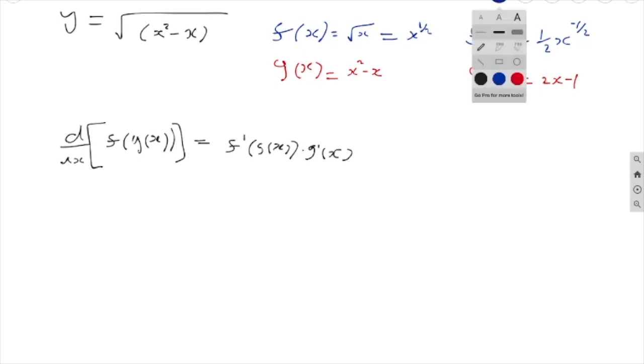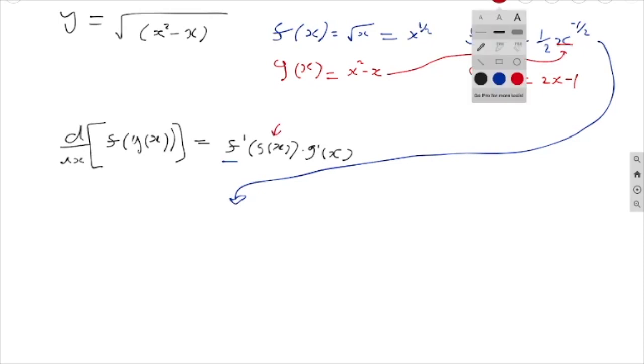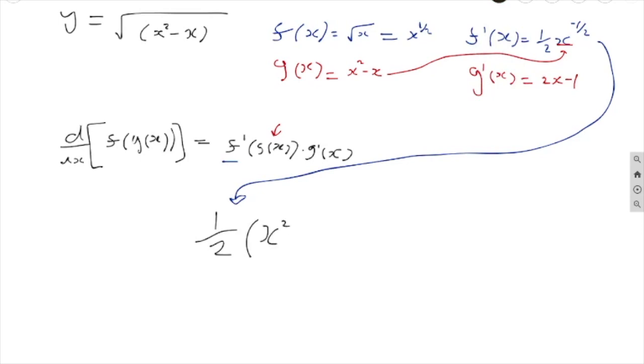Therefore, we have f prime over here, so we'll take our 1/2 x to the minus 1/2 down here, but instead of the x, we're going to be applying g of x as stated here. So that will give us 1/2 of x squared minus x to the power of minus 1/2.